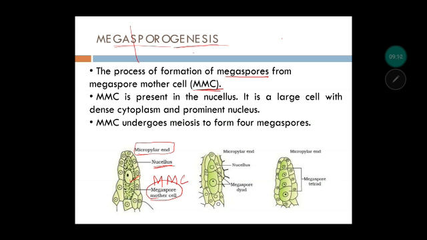So what is going to happen? This megaspore mother cell is going to undergo meiosis. Firstly, it will form a dyad, meaning two cells, and later on 4 cells. That is what happens in meiosis. There are 2 stages. In the first stage 2 cells are formed, and in the second stage 4 cells are formed. Because 4 are formed, you can call it a megaspore tetrad.